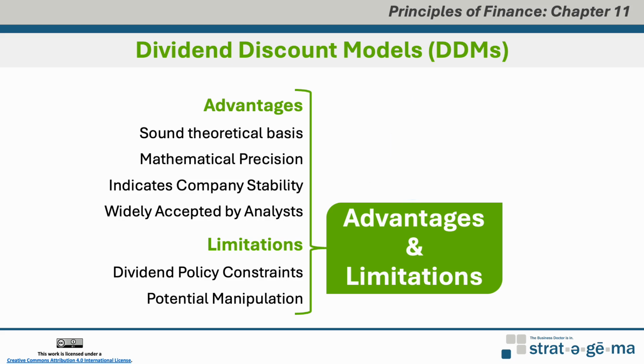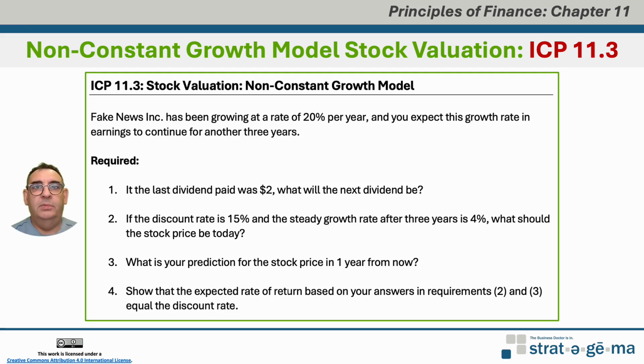Let's hit a couple more in-class problems here, starting with ICP 11.3. So this is another non-constant growth model example. Fake news has been growing at a rate of 20% per year, and you expect that growth rate in earnings to continue for another 3 years. 4 requirements for this one as well.